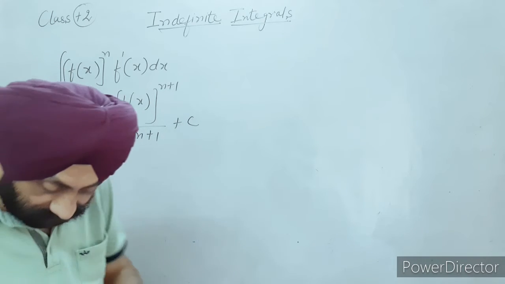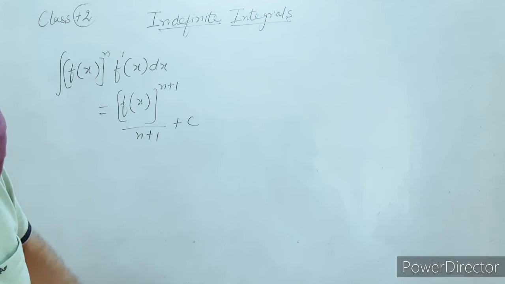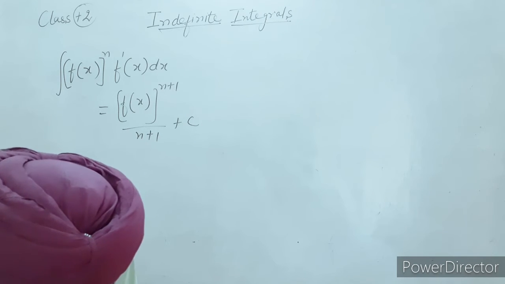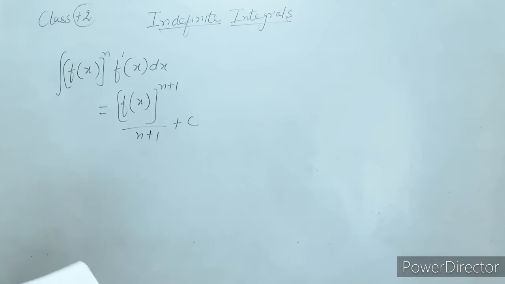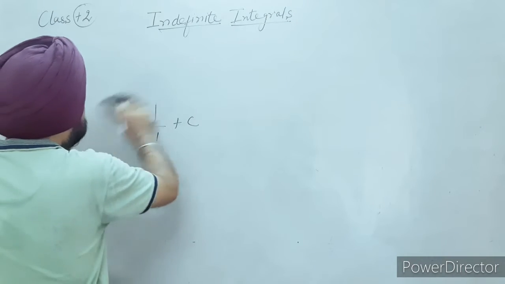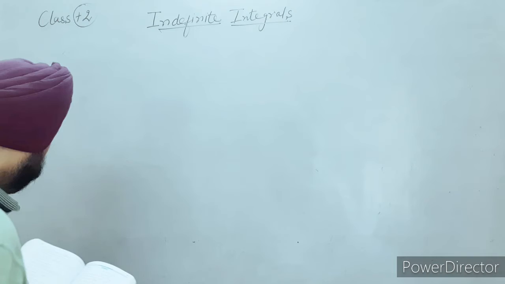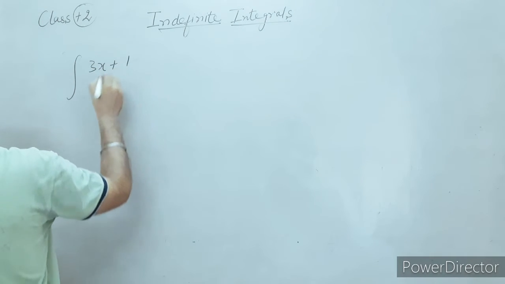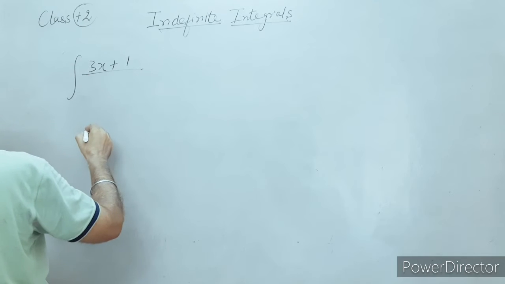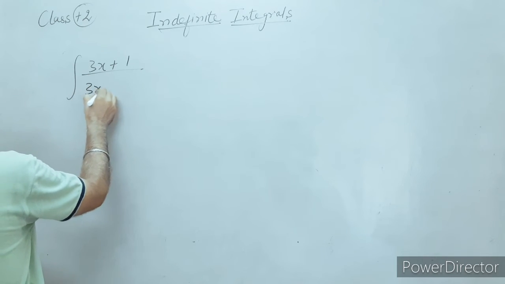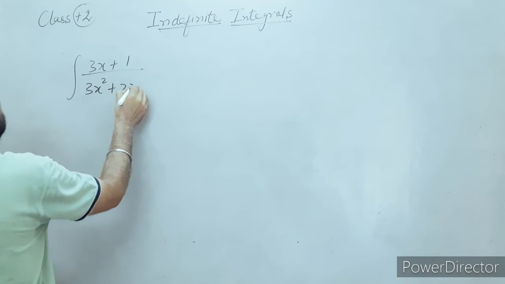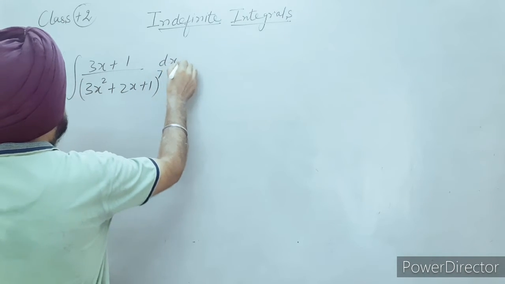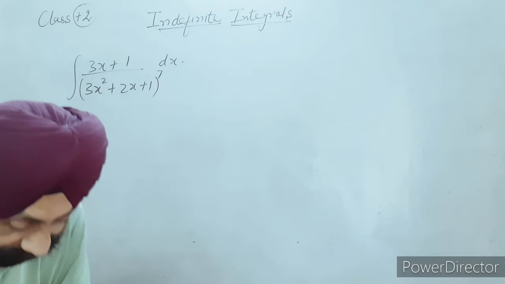I would like to do another question from this type with you students. The question is integrate (3x plus 1) divided by (3x square plus 2x plus 1) raised to power 7 dx.